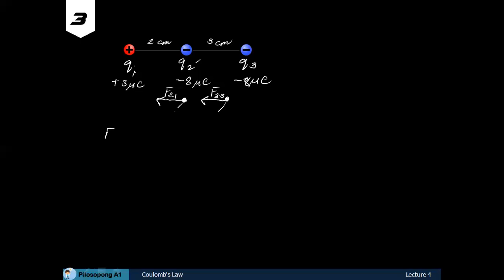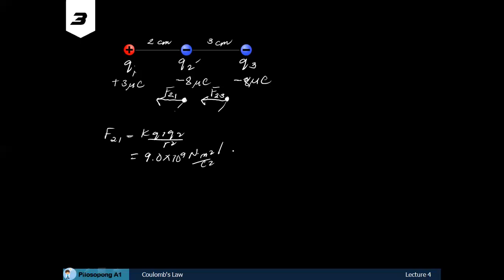So we have F21 is equal to K Q1 Q2 over r squared. The value of K is 9.0 times 10 raised to 9 newton meter squared per coulomb squared, times the value of Q1.